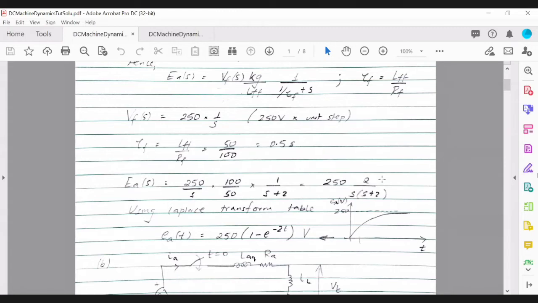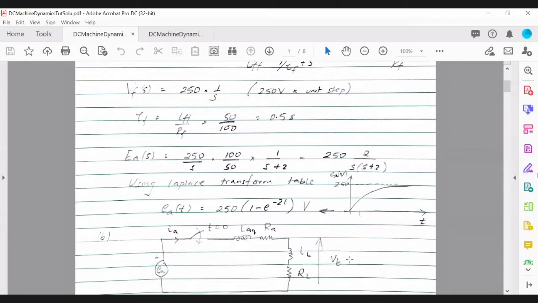And using your Laplace transform table, you can convert this back into the time domain, and you end up with this exponential rise in the voltage. That's 250 times 1 minus exponential of minus 2t. So it's exponentially rising to 250 volts, the output of your armature voltage.